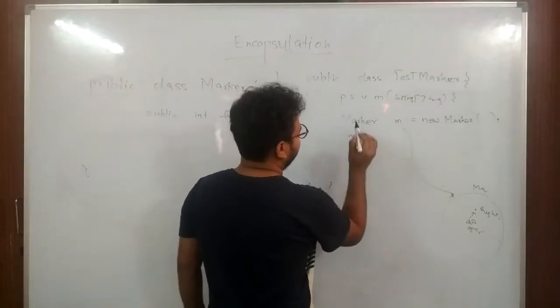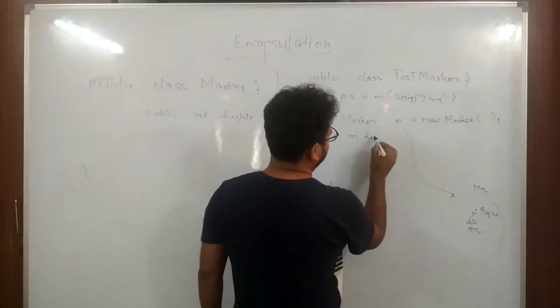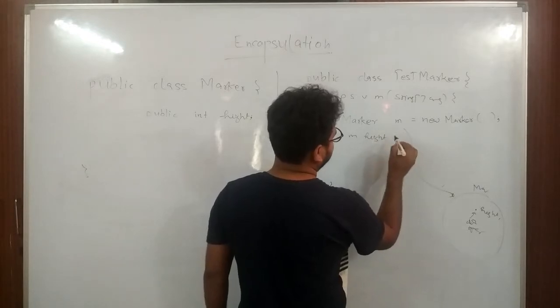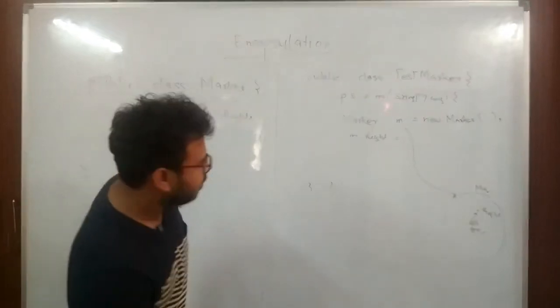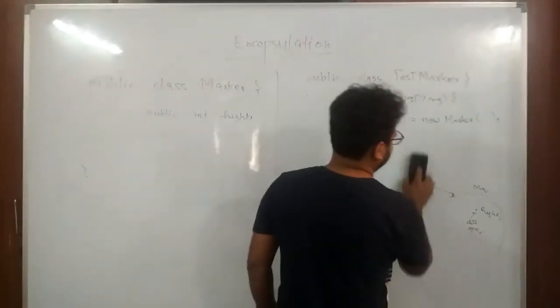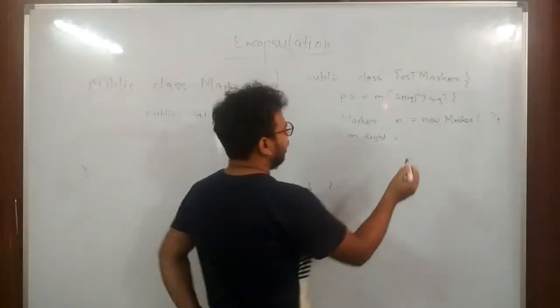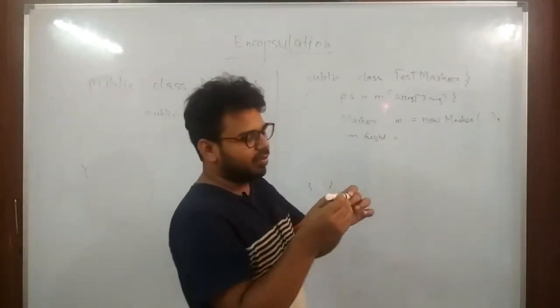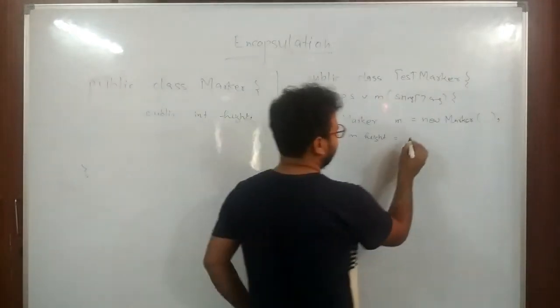So I am writing here m.height = 6, supposing the height of this marker is 6 inch.